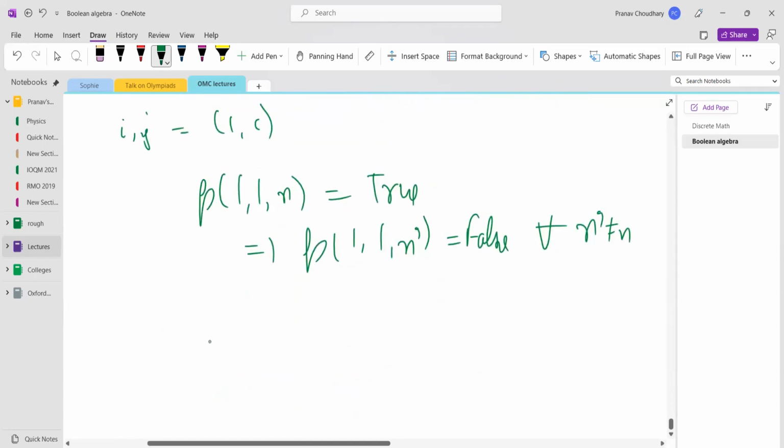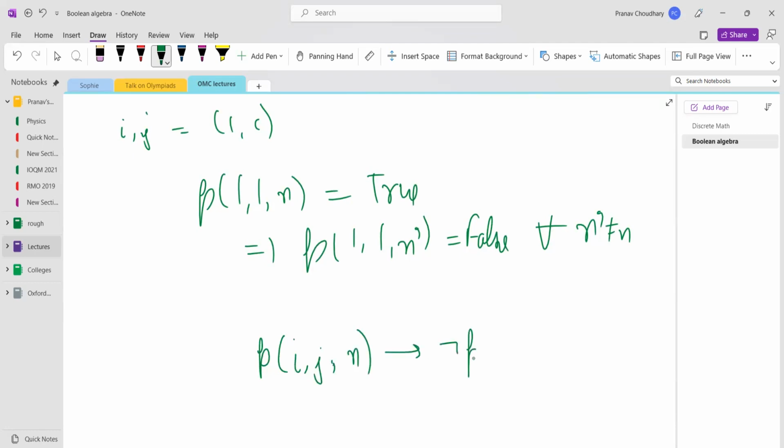So we can say something like P I comma j comma n implies not P I comma j comma n dash.